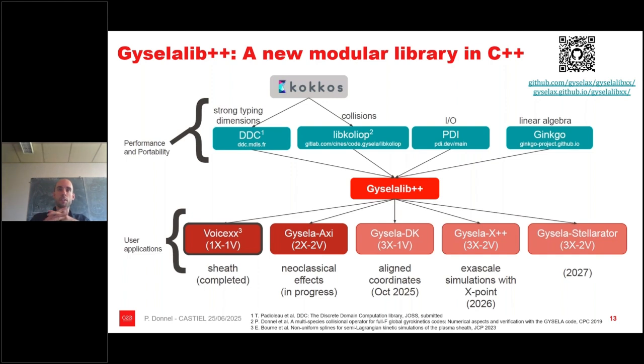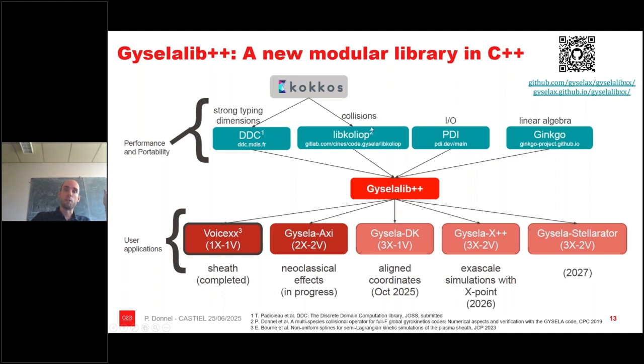So the strategy we adopted was to create a modular library in C++, which uses libraries that are not related to the Fusion community, like DDC and PDI for strong typing and I/O, or also Ginkgo, which is for linear algebra.